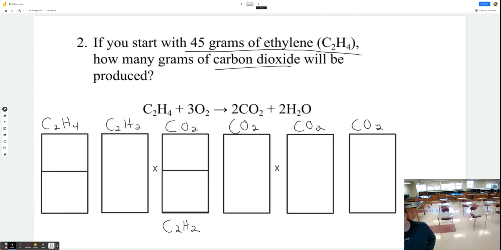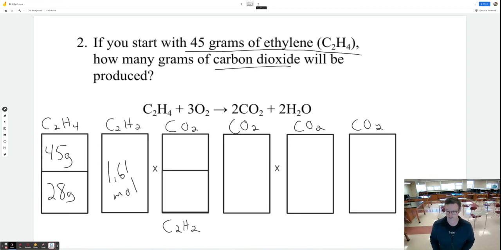We had 45 grams we were given. The molar mass from the periodic table of 2 carbons and 4 hydrogens would be 28 grams. So here we actually have more than a mole. In the last one we had about half a mole. So 45 divided by 28 means we have 1.61 moles of ethylene.